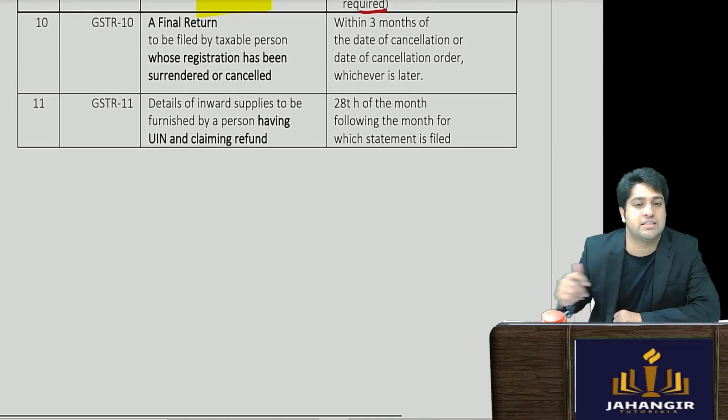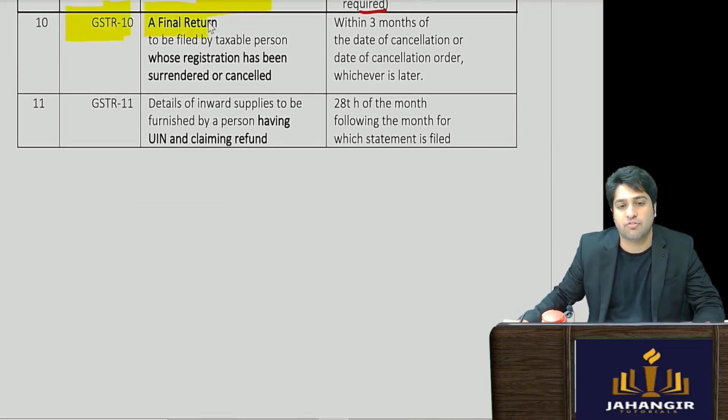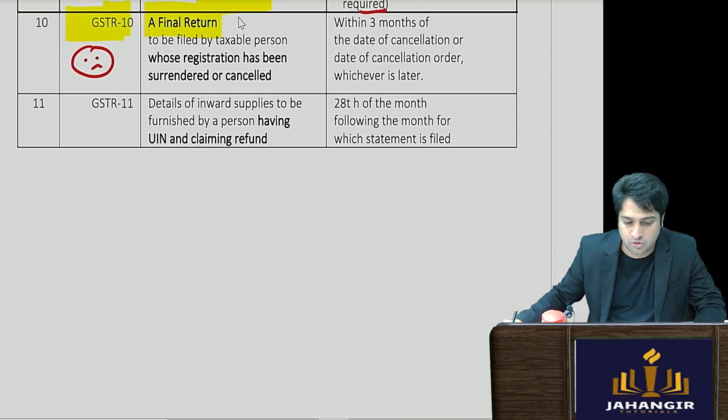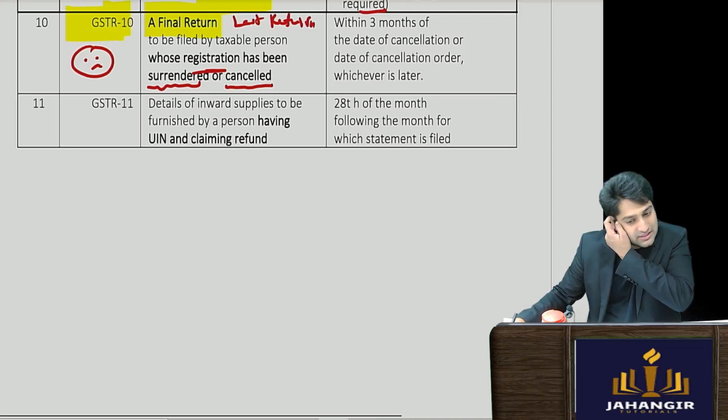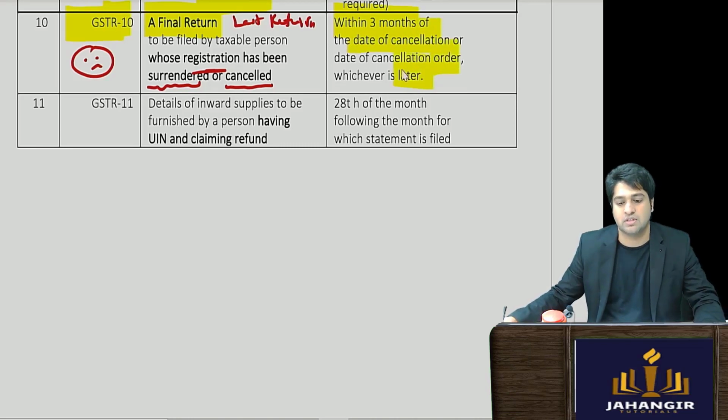Moving ahead, GSTR 10 is a final return. Final return means, you could call it your last return. Now why would it be last? If you have surrendered your registration certificate or it has been cancelled, or you shut down the business, then within 3 months of the date of cancellation or cancellation order, whichever is later.